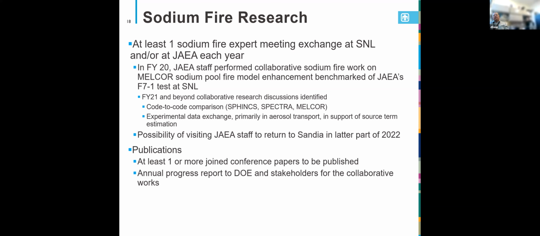And hopefully, with COVID completely gone, JAEA will send some staff later in 2022. Each year we do at least one joint conference paper between Sandia and JAEA, and we have a progress report every year about this time to send to DOE and other stakeholders for the collaborative research work.